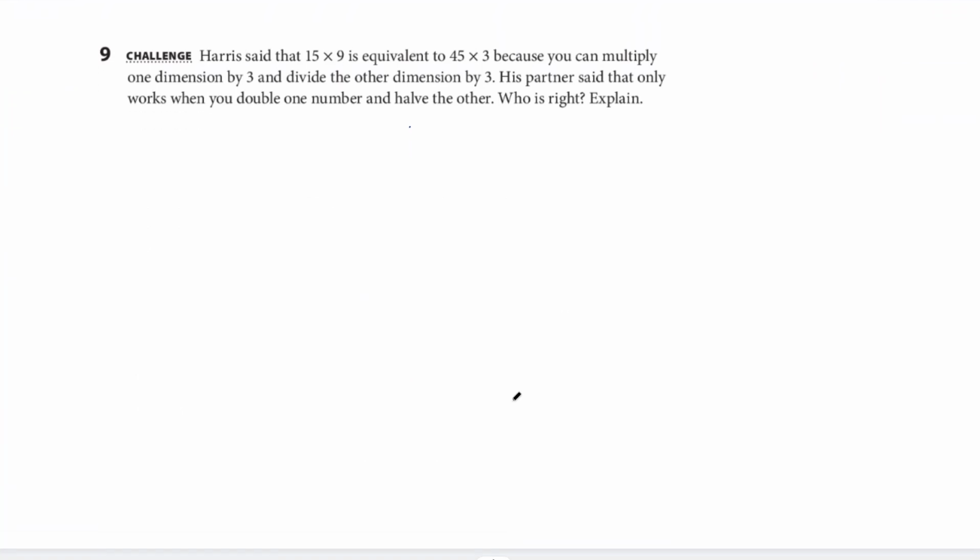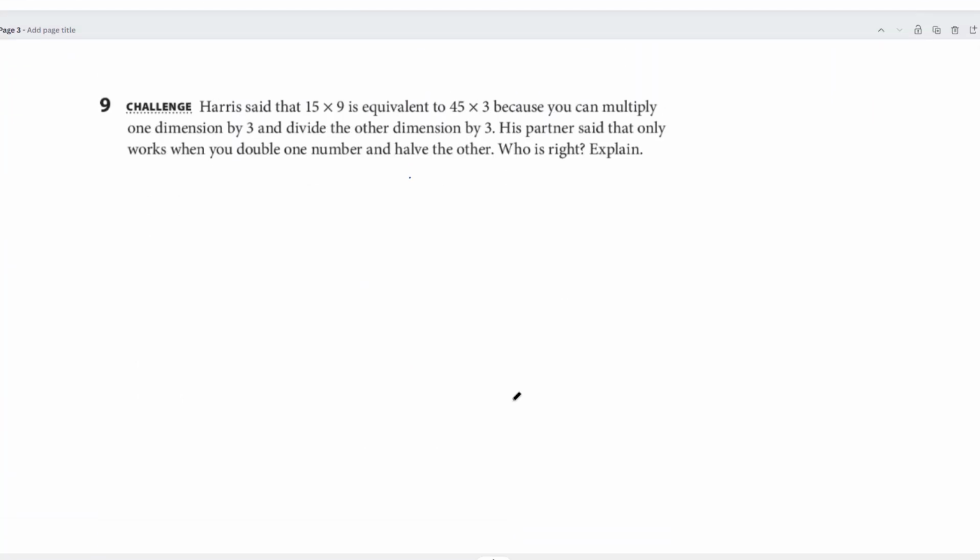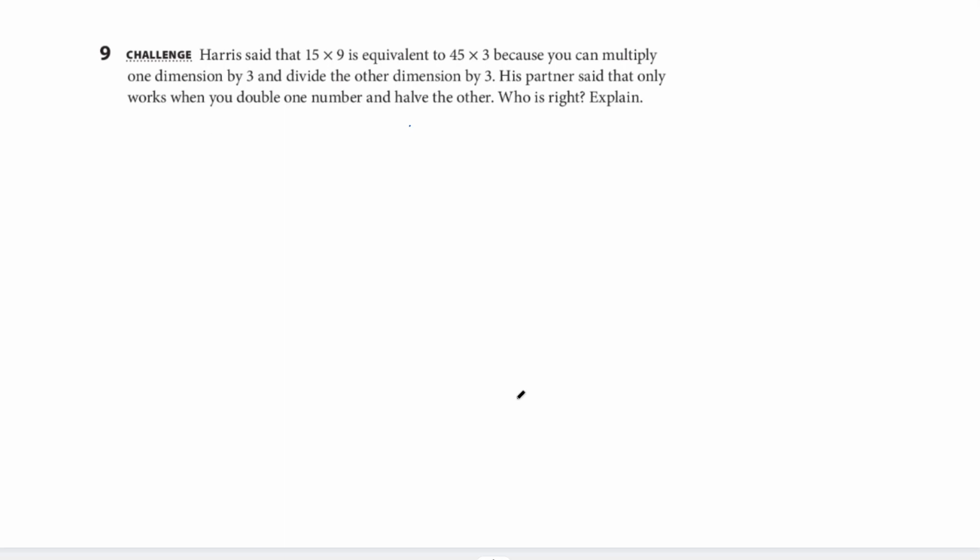So what they're saying here is Harris says that 15 times 9 is the same thing as 45 times 3. Because you can multiply one side by 3, 15 times 3 is 45, and if I multiply the 15 by 3, I can divide the other factor by 3 and get 3.